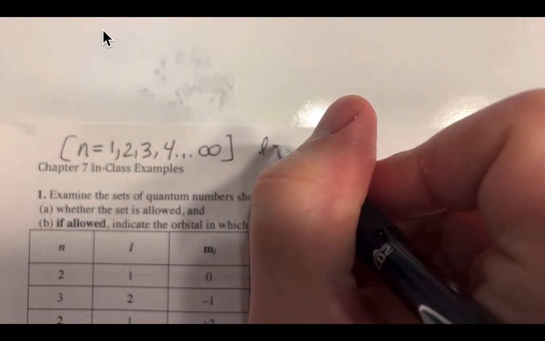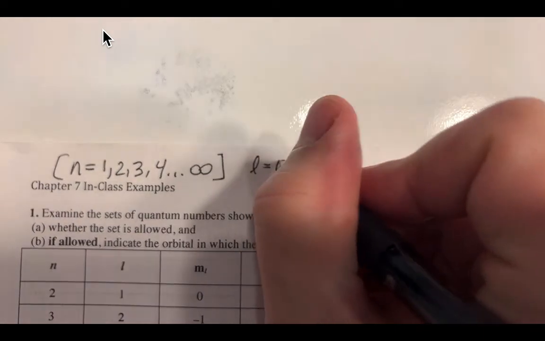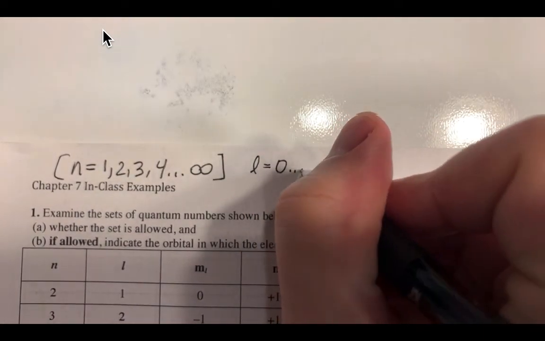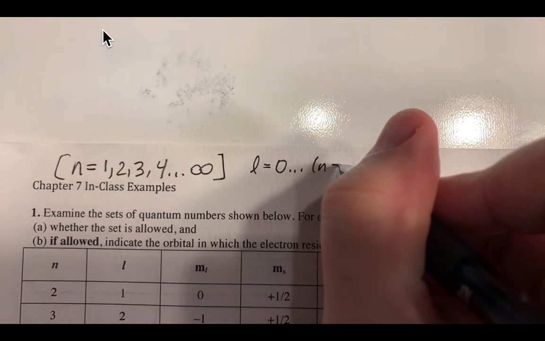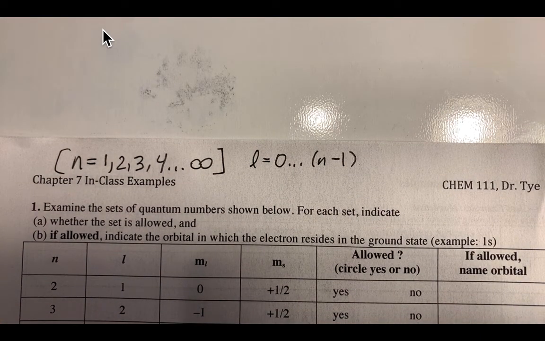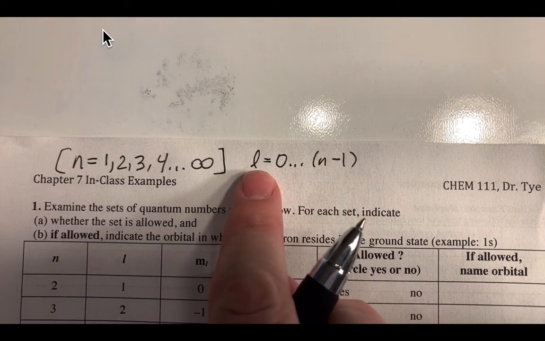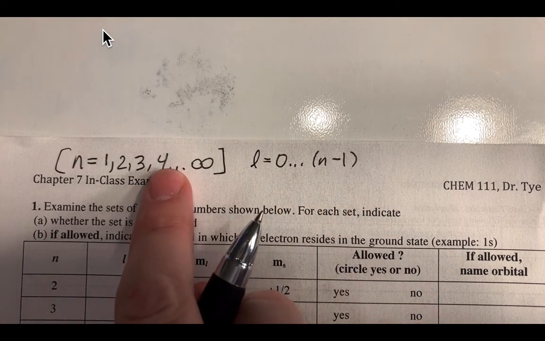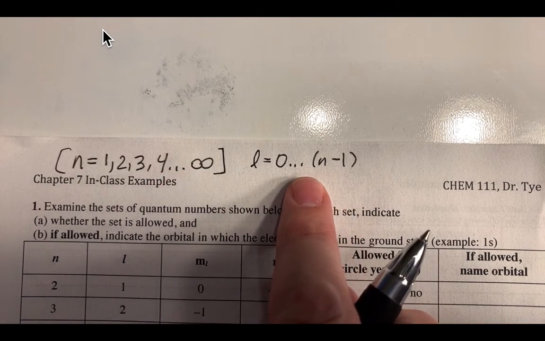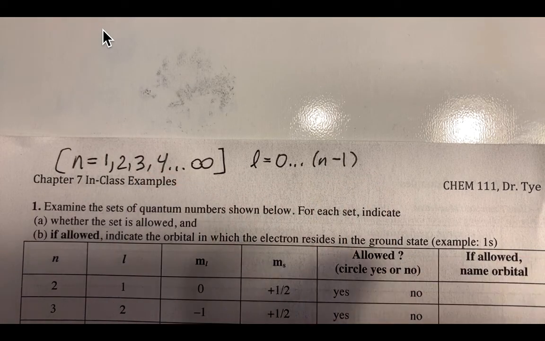So L has values from 0 up to n minus 1. So depending on what particular n value you have, this is going to go up to n minus 1. And so if n is equal to 4, for example, 4 minus 1 is 3. So 0, 1, 2, and 3 are allowed values if n is equal to 4.